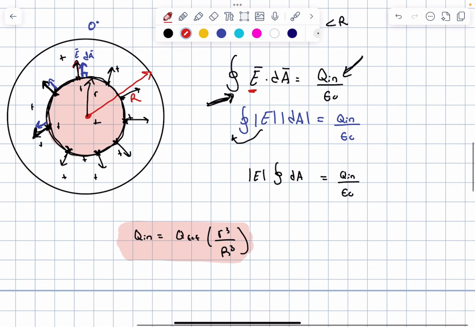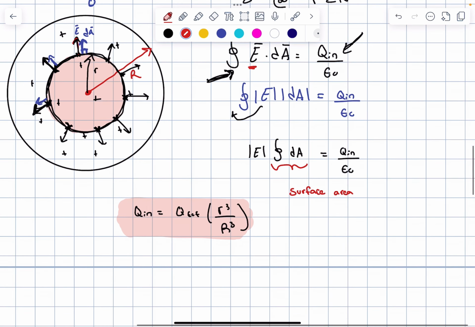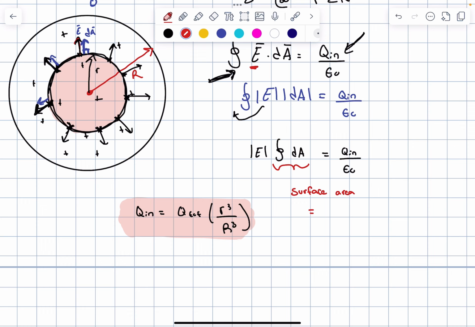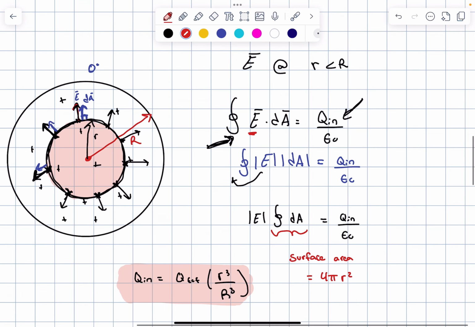Whenever you see this, the surface integral of dA, this is just the surface area. We know what the surface area is for a sphere, and that is equal to 4 pi little r squared. So here we can erase all of this stuff.